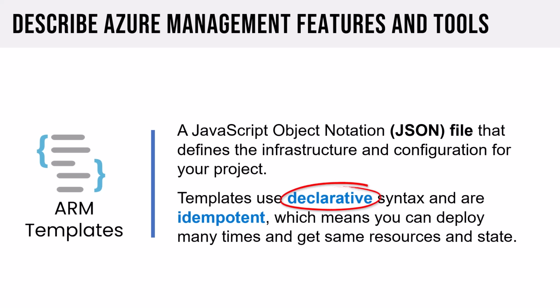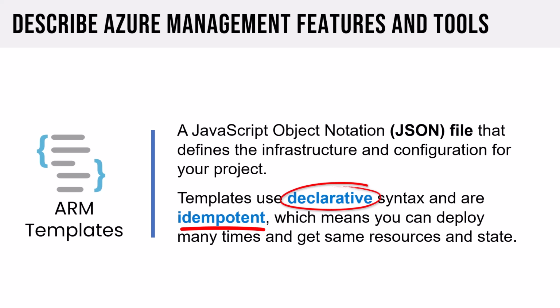worry about how. The other key characteristic of the ARM deployment methodology and the ARM template is that the deployment is idempotent, which means you can deploy many times and get the same resources and state. So for example, in that deployment of 4 virtual machines, if I were to go back and delete 2 of those VMs and then run another deployment with the same ARM template, it would create 2 VMs to replace the 2 that I deleted.